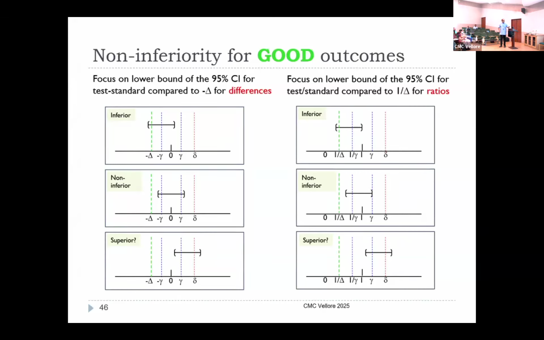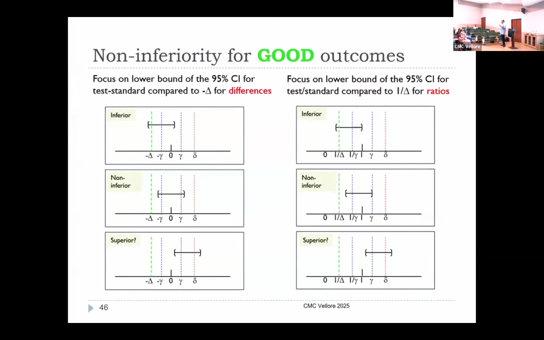So for example, here, if it's too negative, that means that the confidence interval lower bound goes beyond the left side of that margin. And that means we cannot claim non-inferiority, because some part of the confidence interval shows it being superior, some part shows it not inferior, but there is a part that crosses the boundary.